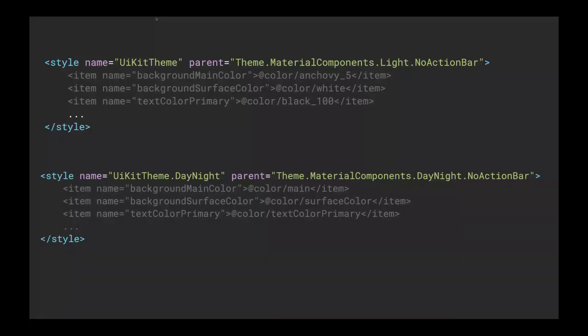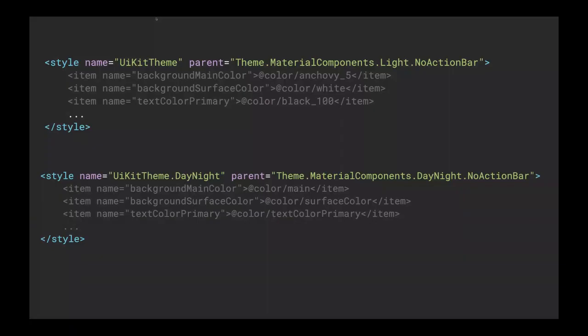And then our UI kit theme.day-night is actually tricking the system, because our parent is using Theme.MaterialComponents.DayNight. So we are basically switching below the parent, and then UI kit.day-night is going to be available for day-night.